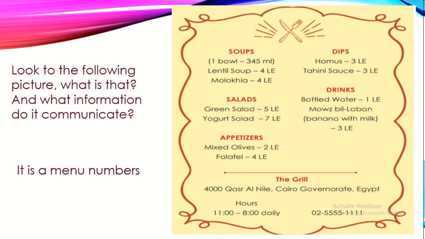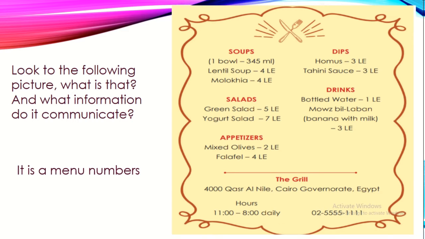And it tells me the price of lentil soup, which costs 4 LE, and the price of molokhia, which costs 4 LE. It is the same thing for dips, salads, drinks, and appetizers.